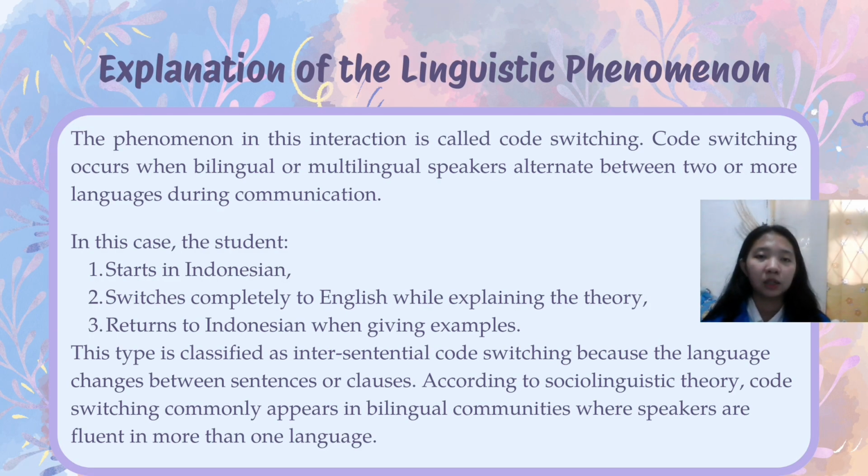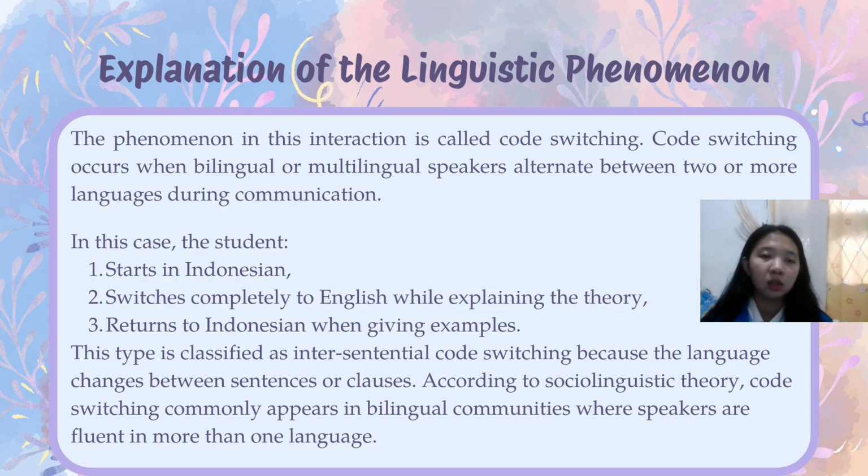Explanation of the linguistic phenomenon. The phenomenon in this interaction is called code switching. Code switching occurs when bilingual or multilingual speakers alternate between two or more languages during communication. In this case, the students 1. Start in Indonesian, 2. Switch completely to English while explaining theory, and 3.